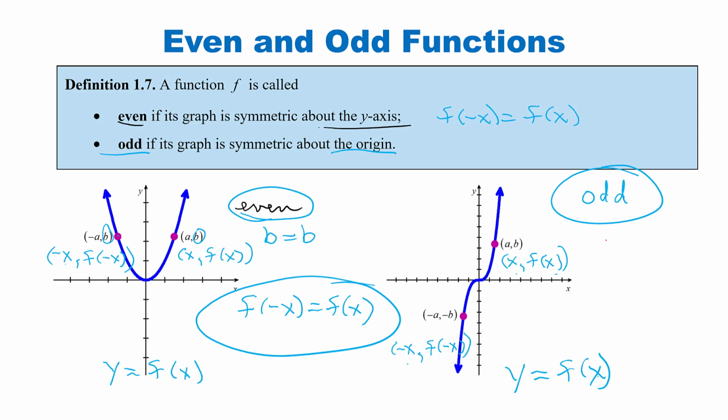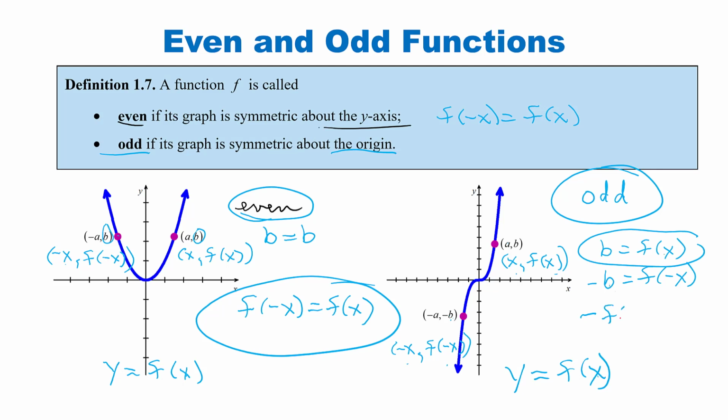Well, I know b equals f of x, and negative b equals f of negative x. From negative b, I can replace my b here with f of x.